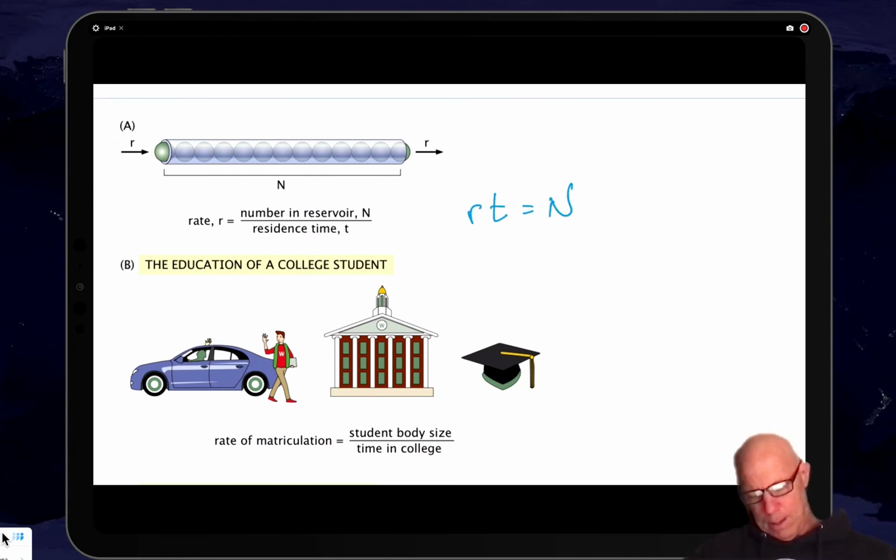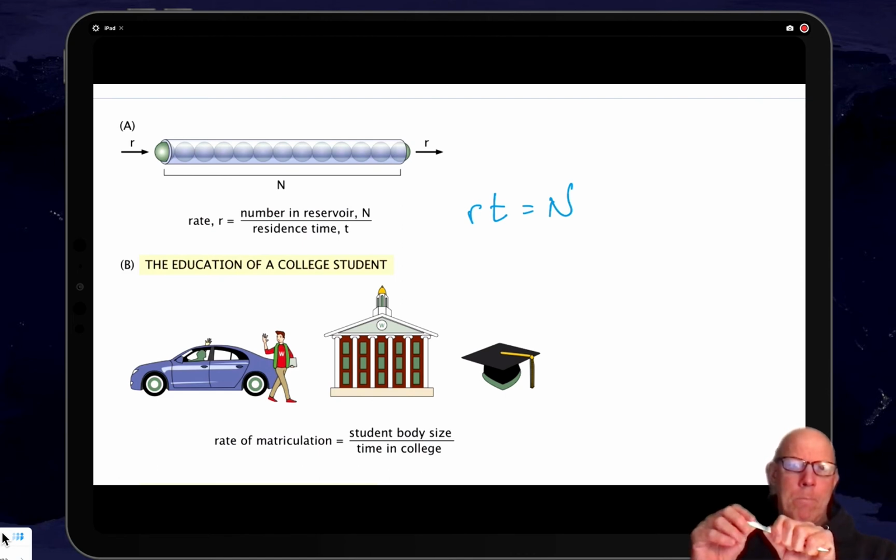So why would that be? The rate at which I'm putting them in is some number per minute, and then the lifetime, the residence time, is this time that I'm referring to as T, and that combination tells me the population size.